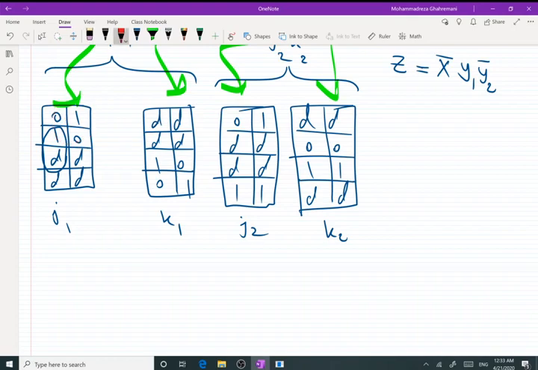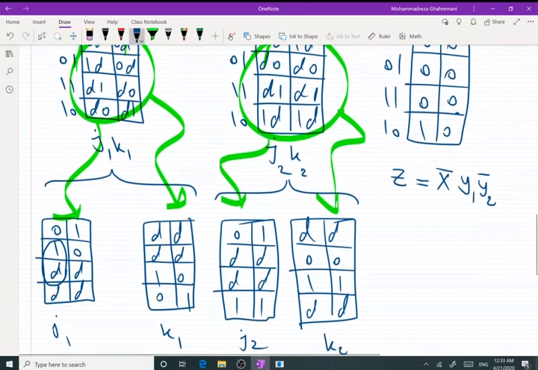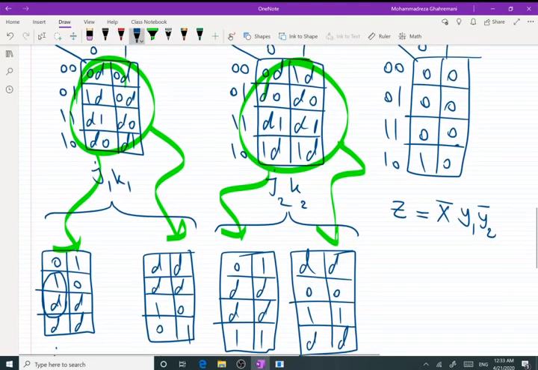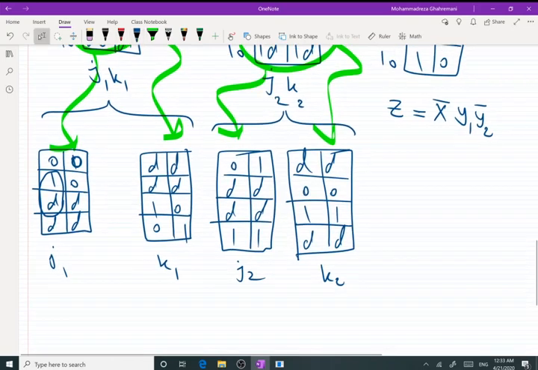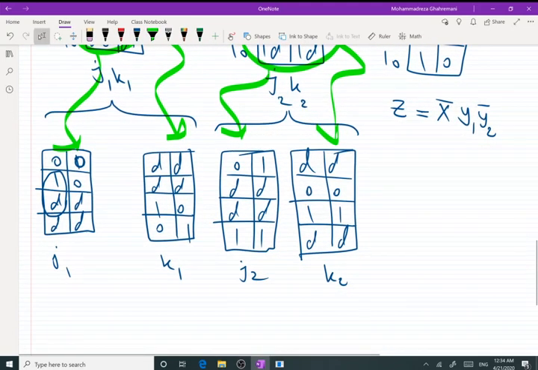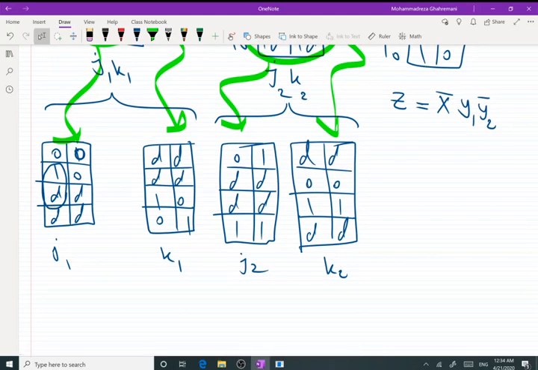If we look at this table, 0, 1, dd, 0, 0, dd. Yeah, it's 0, 0. So J1 is here, which is x bar y2.